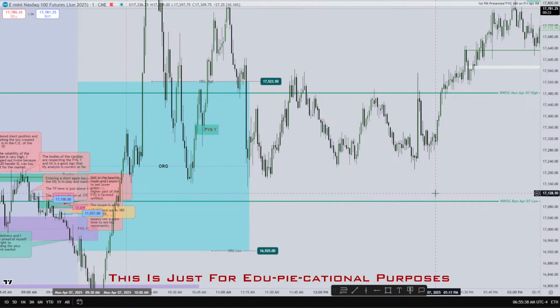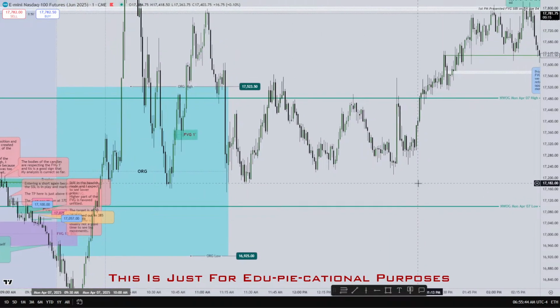So they used this time window between 11:30 and 1:30 as a lunch time for consolidation in order to have some rest for the market, because at this time the New York stock market is on a lunch break, kind of.